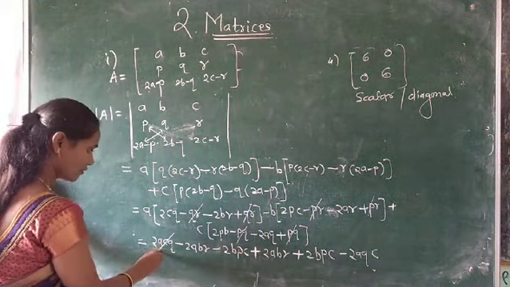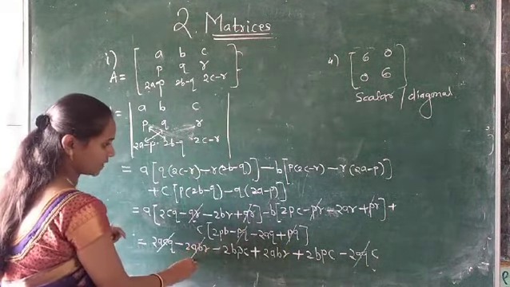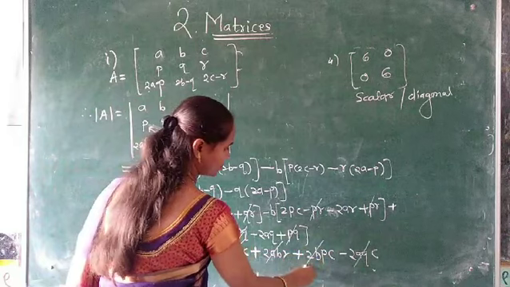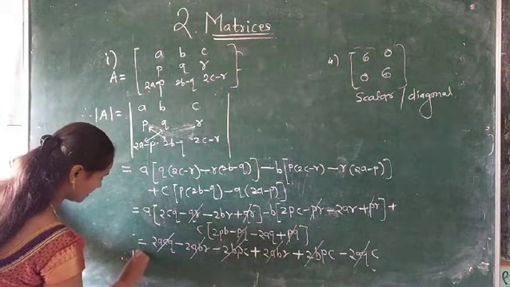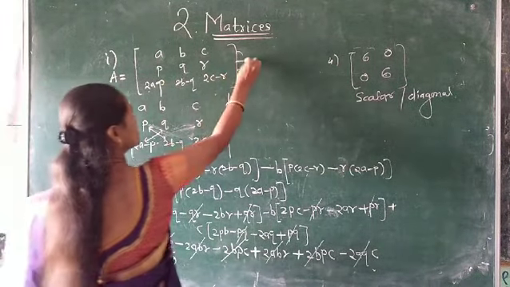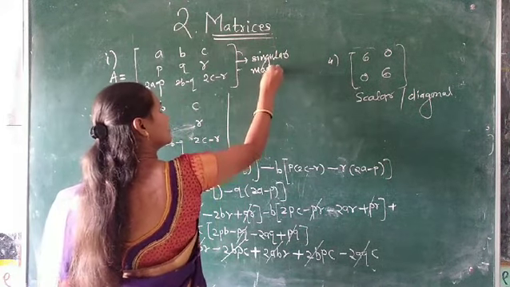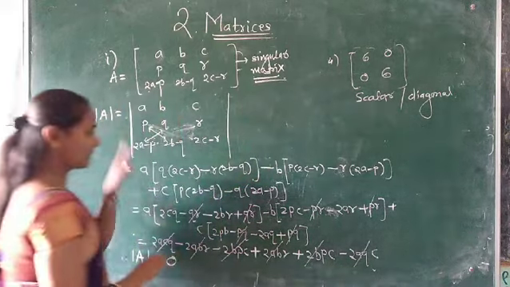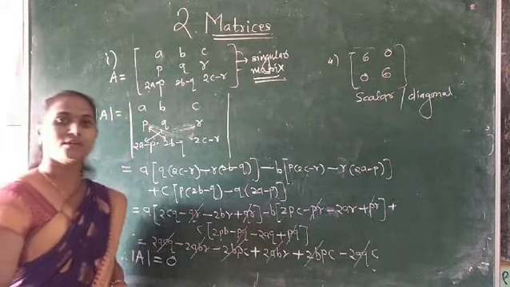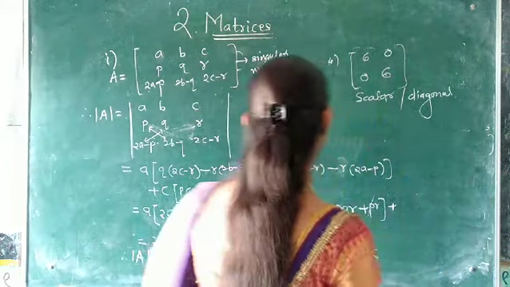So minus 2ACQ and here minus 2ACQ. Here minus 2ABR, here plus 2ABR. Minus 2BPC and here plus 2BPC. Therefore, the value of determinant A is equal to 0. Since the value of this determinant is equal to 0, therefore we say that this matrix is a singular matrix. Now, the second example I leave as an exercise.